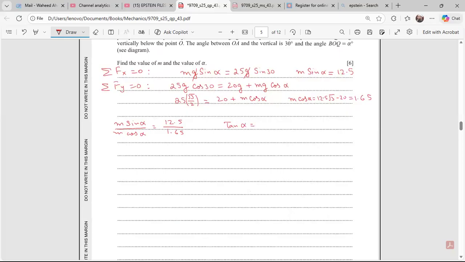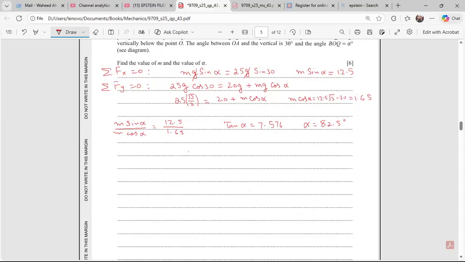Dividing 12.5 by 1.65 gives me 7.57576. So alpha is equal to tangent inverse of this number, and that gives me 82.5 degree.